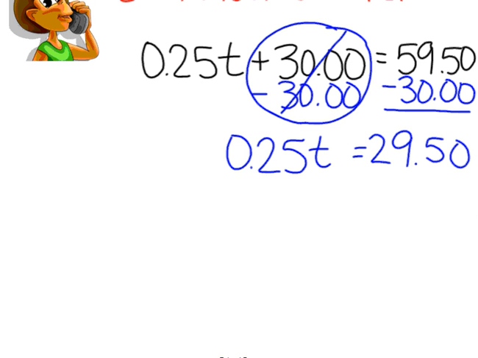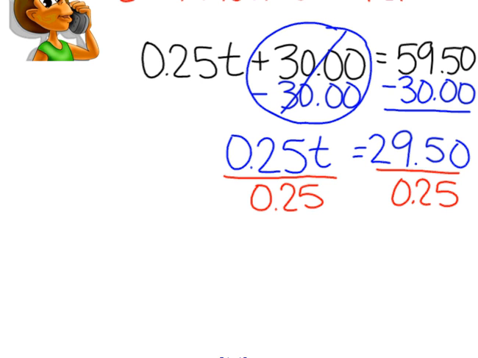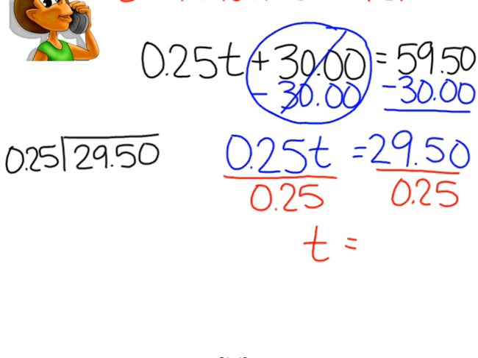So next step is to divide both sides by 25 hundredths, and that will give positive t on the left-hand side. On the right-hand side, we're going to do long division like we did before. $29.50 divided by 25 cents.